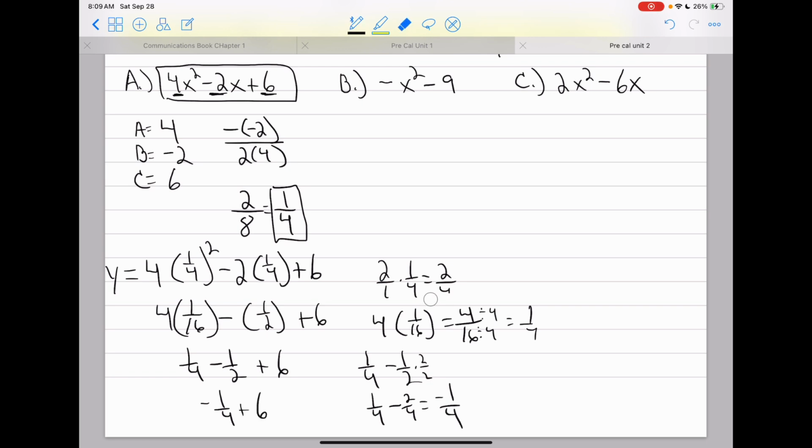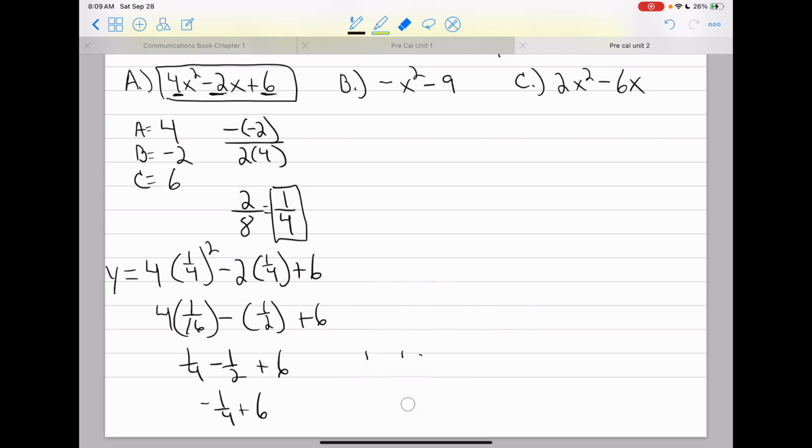I'm doing fractions. I'm feeling good about myself. I don't need a calculator. I can do fractions because I know how fractions work. So this is basically negative 1/4 plus 6, which is 6 minus 1/4, which makes 5 3/4. That's what my y value is.